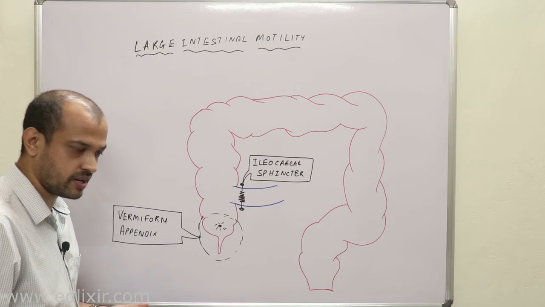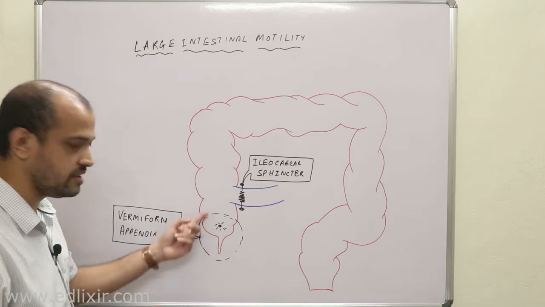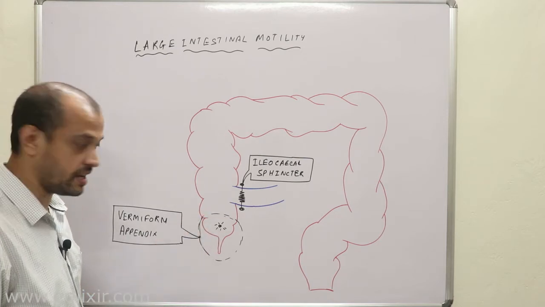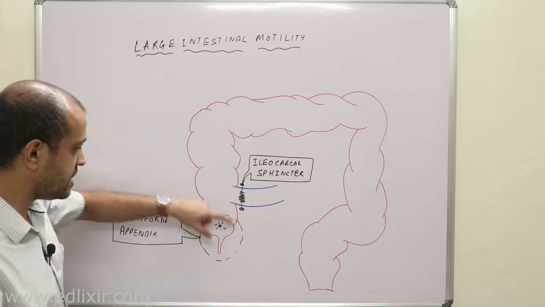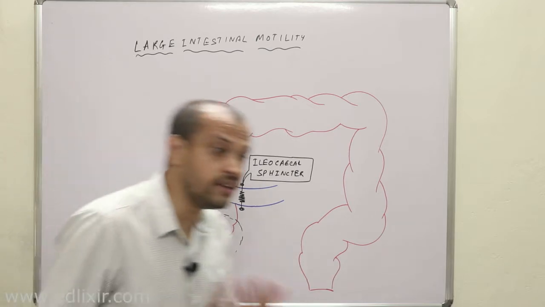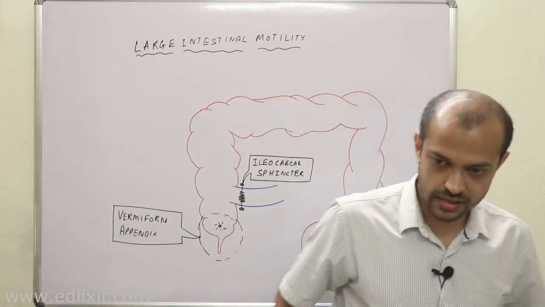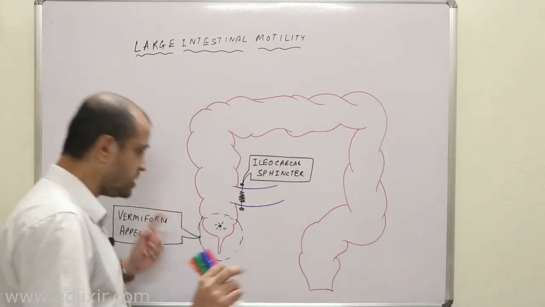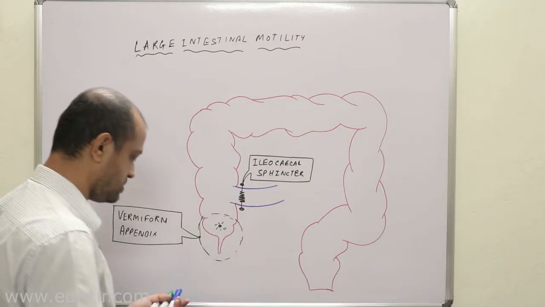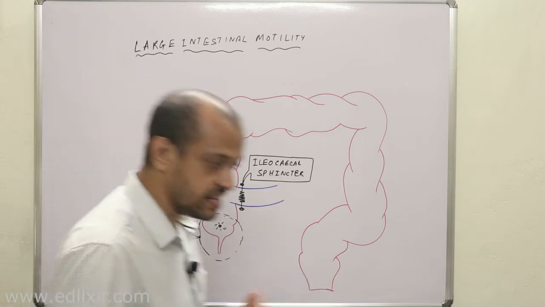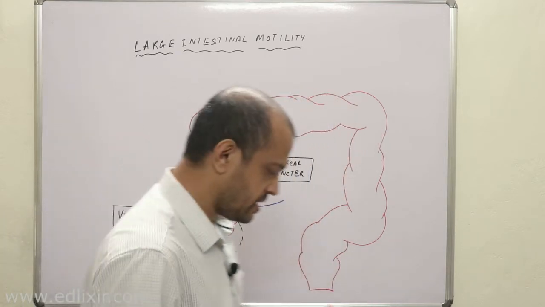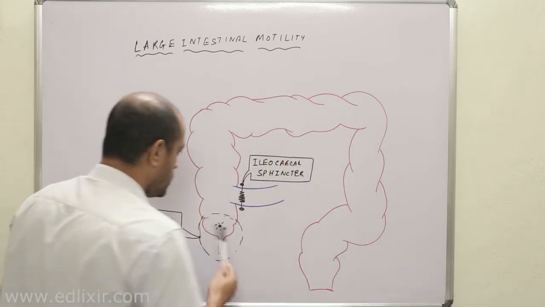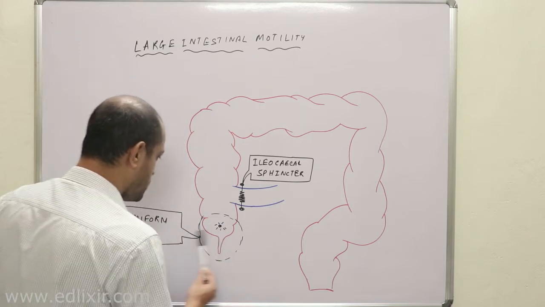Microbes will attack this food particle, ferment it and live on it, and therefore an inflammation occurs here, and this is called appendicitis. This is the simplest explanation of appendicitis, which is obviously a very important gastric disorder. So this is your vermiform appendix.